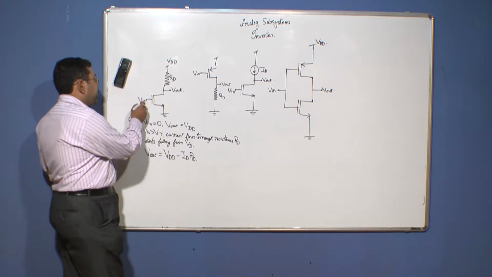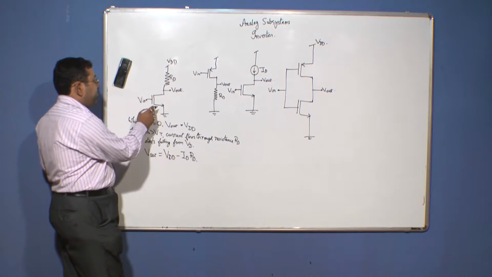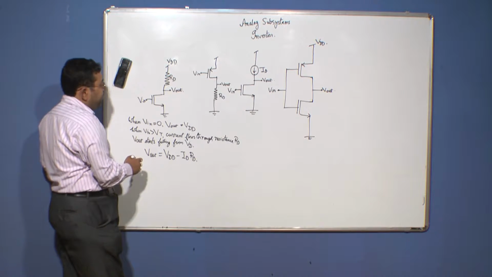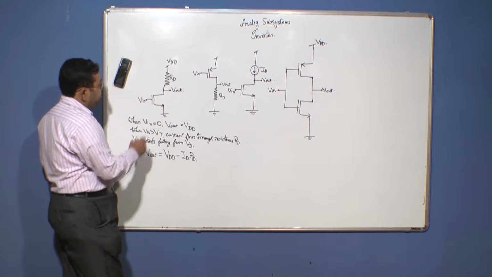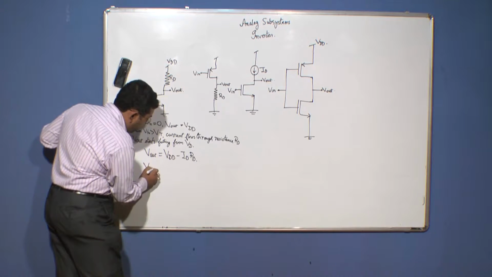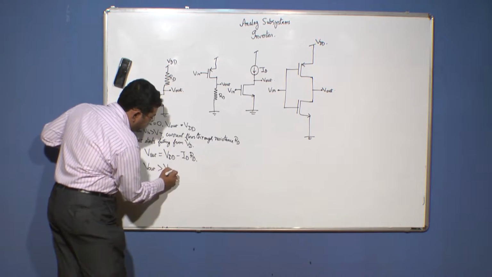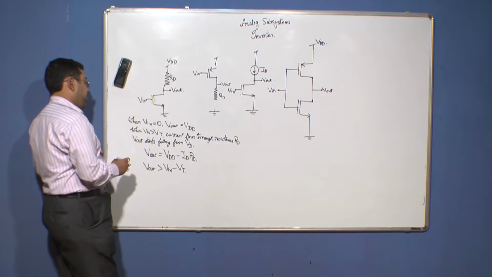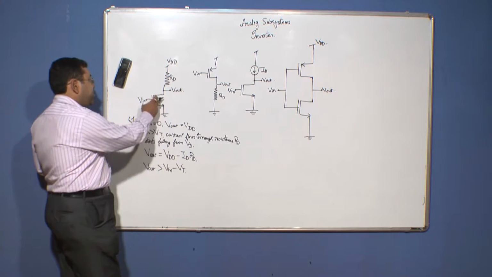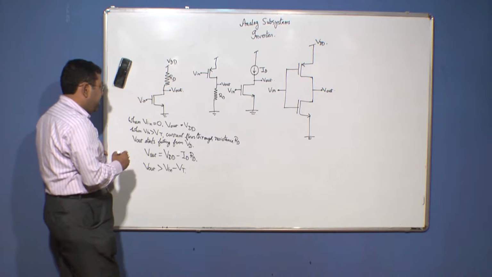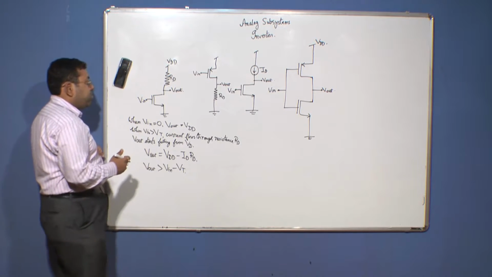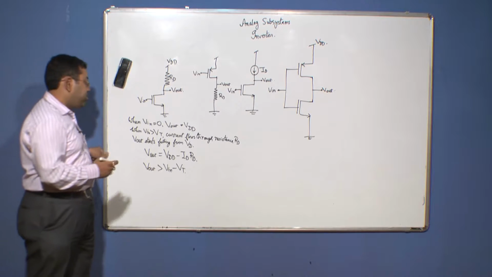So, you can say that Vin minus ground is greater than Vout, sorry, Vout is greater than Vin minus VT. So long as this condition is satisfied, this MOS transistor will be operating in the saturation region, and when Vout becomes equal to Vin minus VT, the MOS transistor goes deep into the active region or triode region.